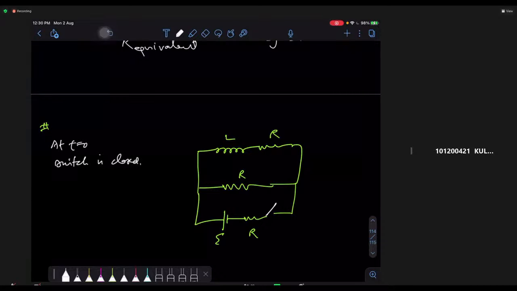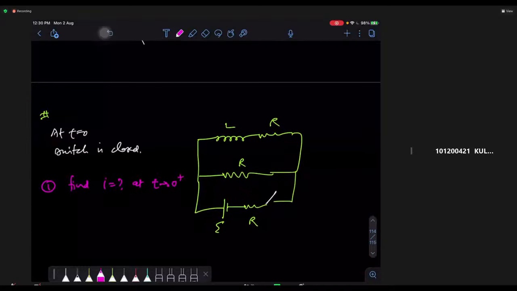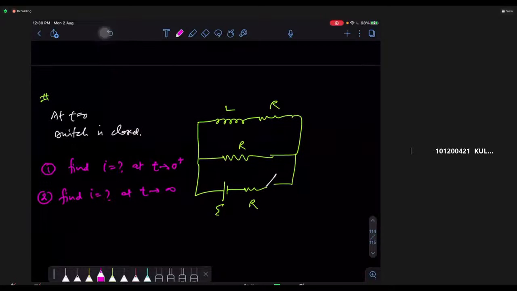If we close the switch at time equal to 0, the question here is: find the current just after the switch is closed. Find the current after a long time, at infinity. Then find the current at a general time t. What is the value of current at general time t?